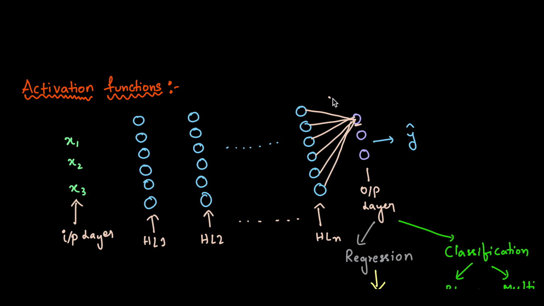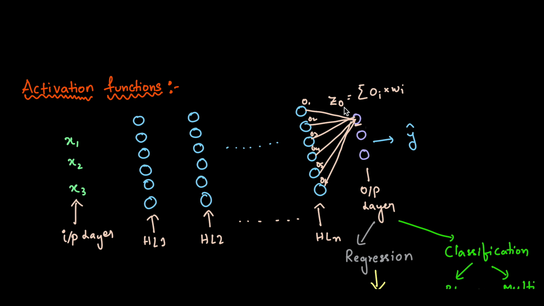Let's say that summed up information is represented with Z0. Let's say O1, O2, O3, O4, up to O6 are the outputs that we get from these neurons. All these will get multiplied with some weights and will get summed up to form Z0, right?